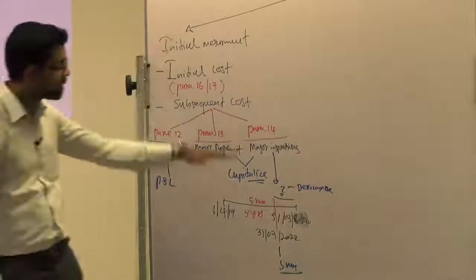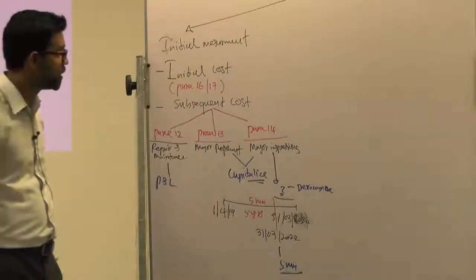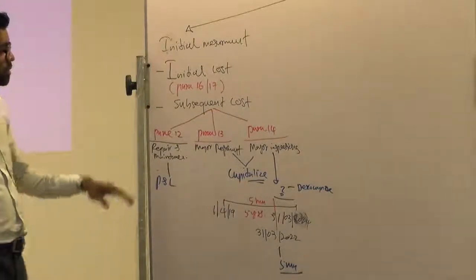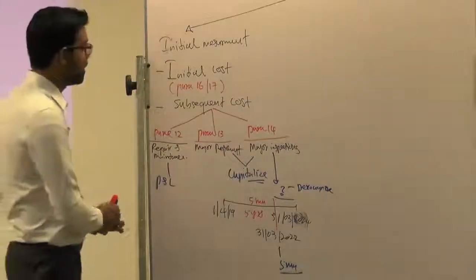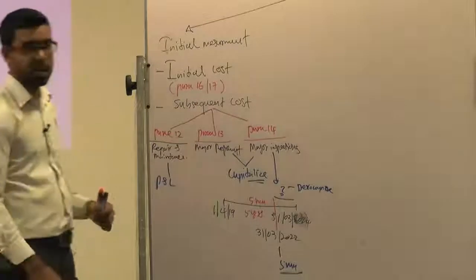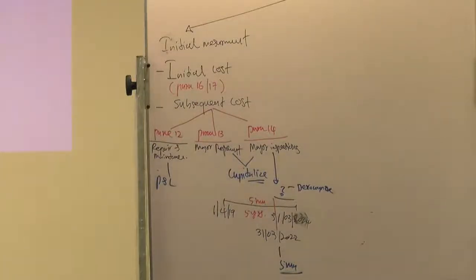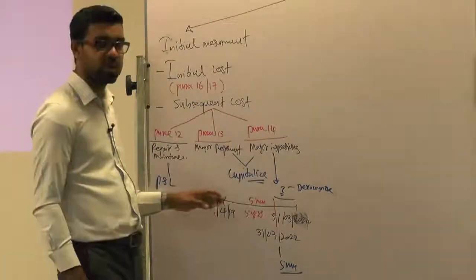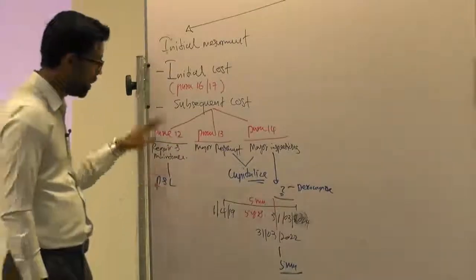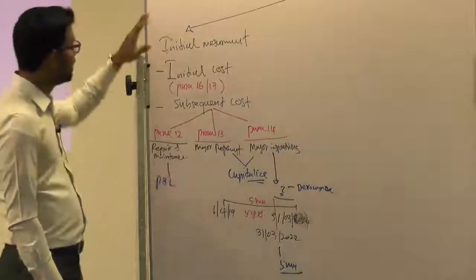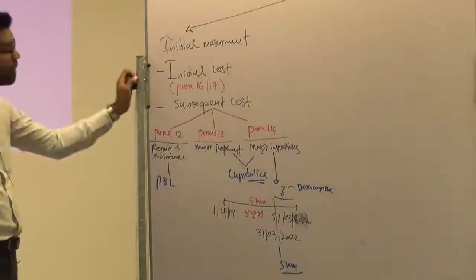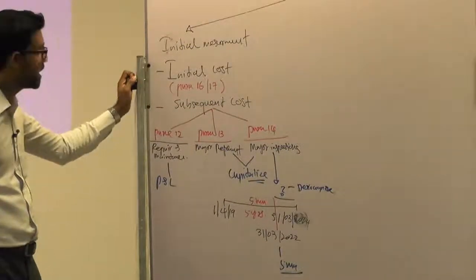So this is the accounting treatment for subsequent cost. These two paragraphs, paragraph 13 and 14, may be new to you all, right? But repair and maintenance, all these things you have learned during A-level and O-level, right? Fine. This nice summarization should be there in your standard book, right?